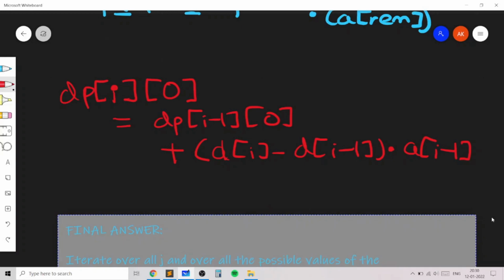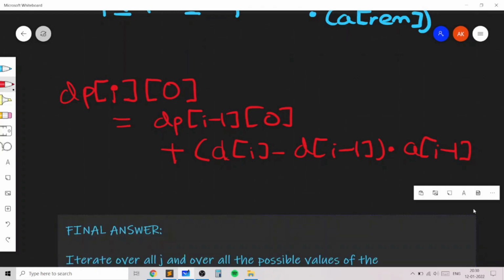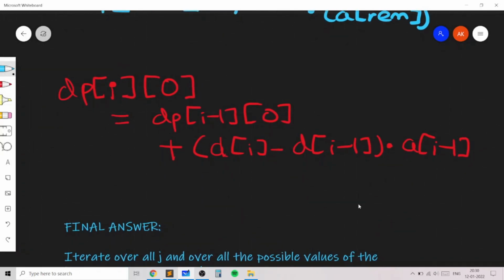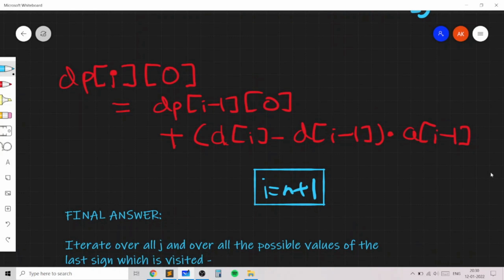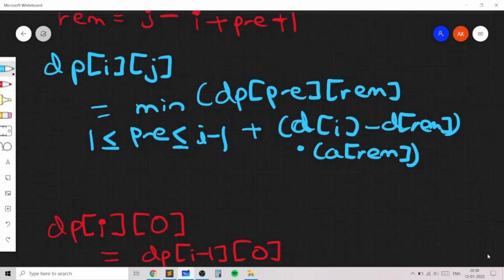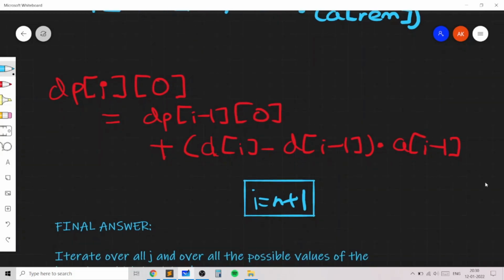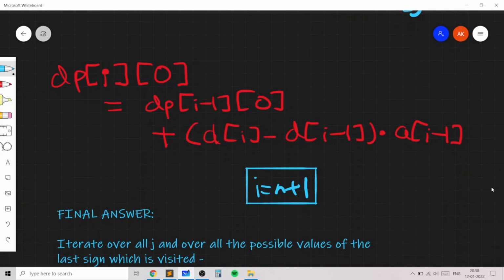So j represents the number of signs which we delete, and we will iterate over all the possible numbers of deleted signs, and we will also iterate over all the possible values of the last sign which is visited, and that is given by pre. So this is very similar to the recurrence. In the recurrence, i goes from 1 to n, but over here i is fixed to be n plus 1, and in the recurrence j and pre also vary, and the exact same thing happens in the final answer.